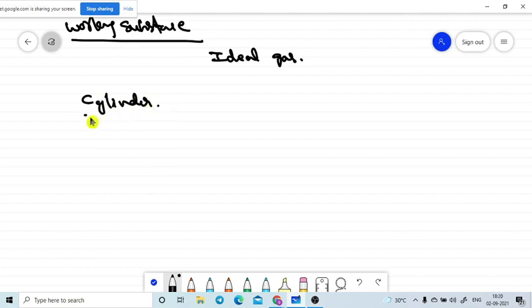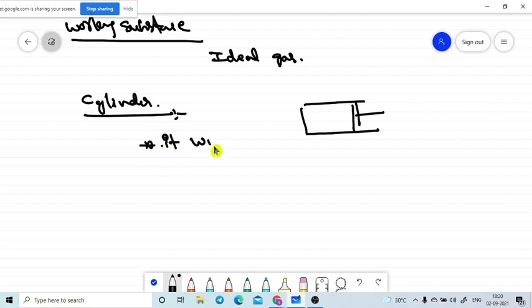A cylinder is one type of chamber. The property of the cylinder is that it can hold the working substance, and it also consists of a movable piston.